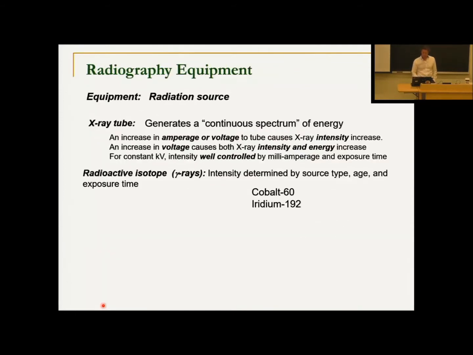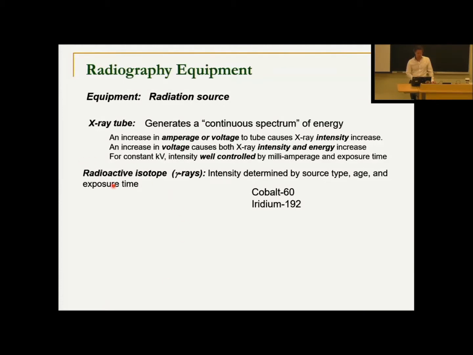Right? So, what is the equipment? Well, to generate this penetrating radiation, you can do it either with an X-ray tube, or a Röntgen tool, and it generates a continuous spectrum of energy, and you can control the voltage and the amperage to control the energy and the intensity of that.